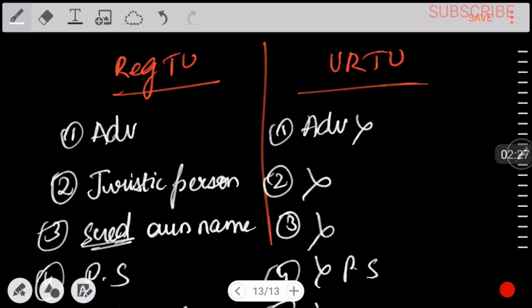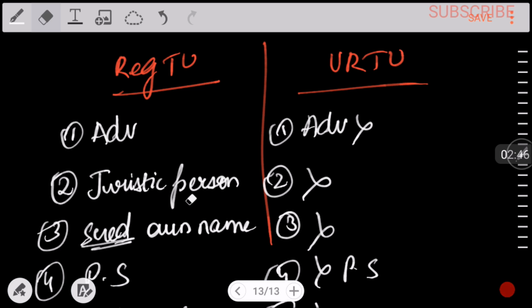I repeat, we are talking about the differences between a registered trade union and an unregistered trade union. A registered trade union has several advantages. An unregistered trade union has no advantages.